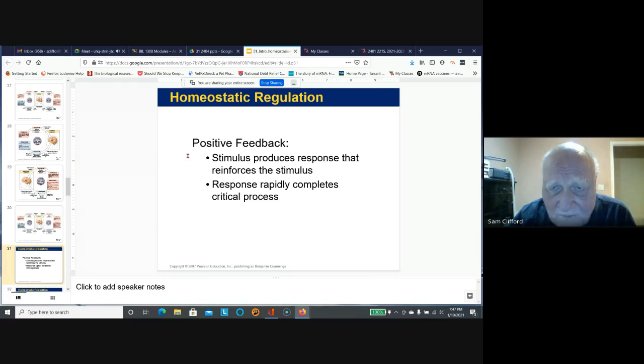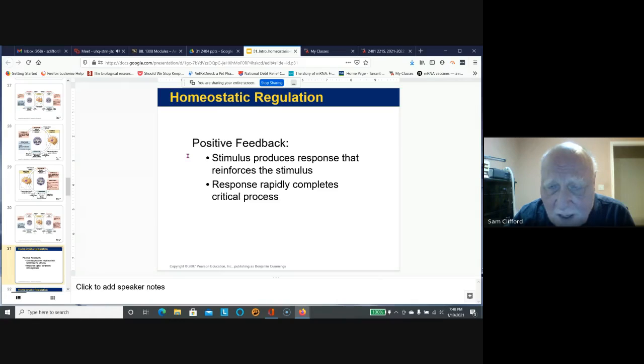Now we have positive feedback. The classic examples of positive feedback are blood clotting and giving birth. So positive feedback reinforces the stimulus.